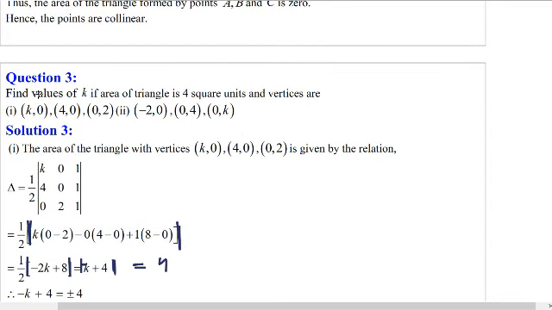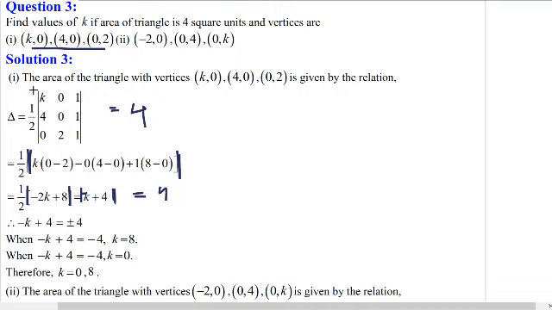So now what it is saying is, find the value of k if the area of the triangle is 4, right? So simply we'll see this part. First of all, we'll put the coordinates of the vertices here, k 0, 4 0, 0 2, and the third column as usual 1, 1, 1, and this area is equal to 4 according to the question, right?